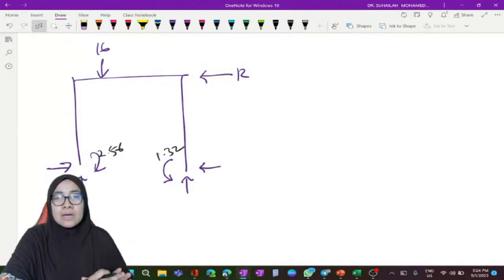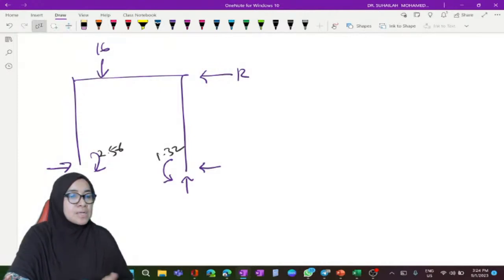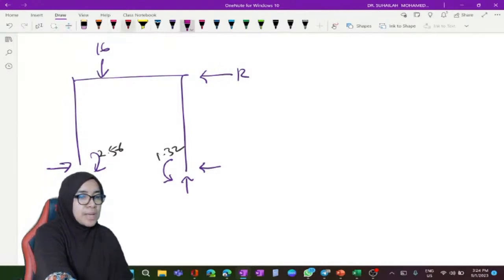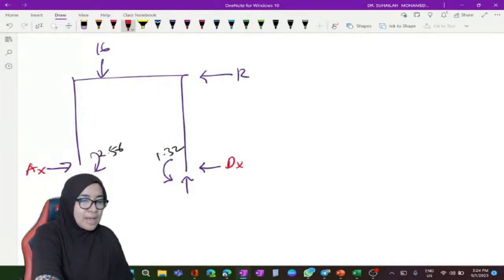So we determine M naught in table 1 based on this diagram. So we label until the end. So this is AX, this is DX. And then we have AY and DY.